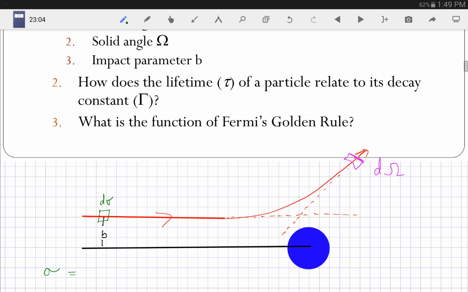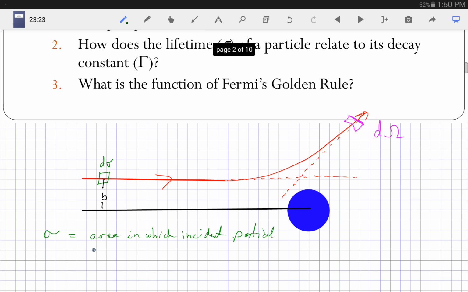The cross section is very literally the area in which the incident particle comes to the scattering center.